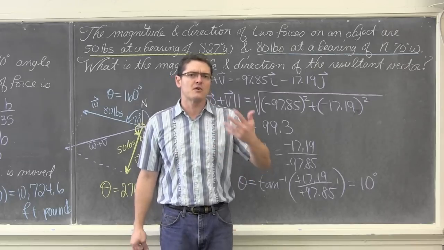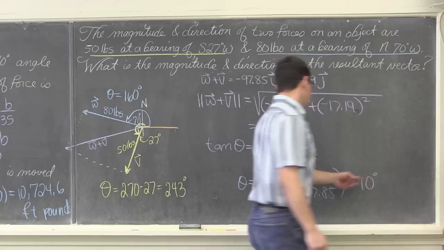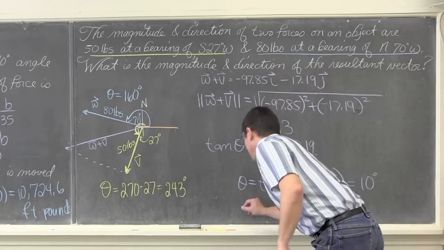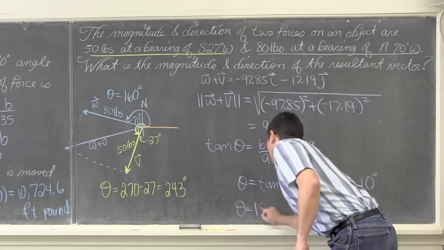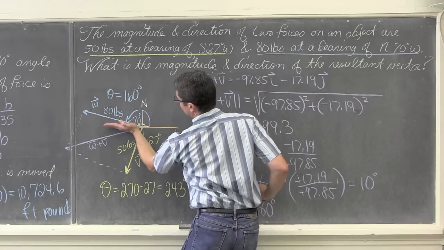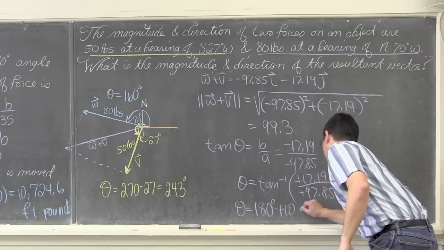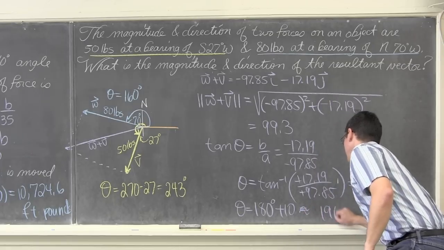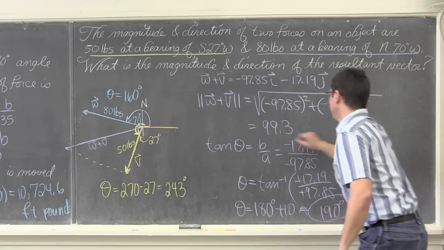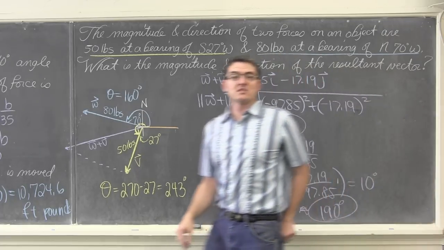I mean, it means something, but as far as reference angles, we only have positive reference angles. So our actual direction is theta equal to 180 degrees, that's right here, plus another 10, or, of course, roughly, let's round it off, 190 degrees. So there is our magnitude and direction of our resultant vector.